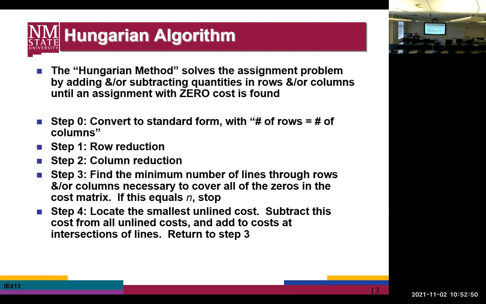This screen summarizes the detailed steps of the Hungarian algorithm. Like it says here, the Hungarian method solves the assignment problem by adding and/or subtracting certain quantities in each row and/or column until you find the zero-cost assignment.